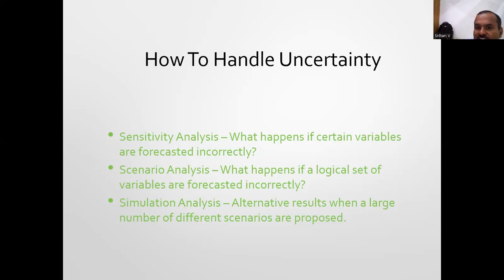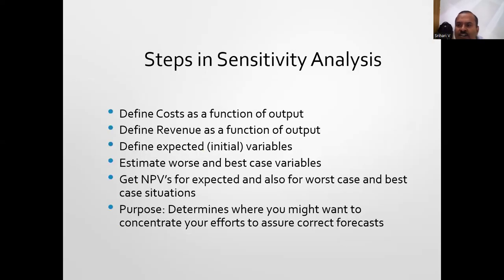If the project gives a positive outcome based on the simulation model, the project will be selected. If it gives a negative outcome, the project will be rejected. This is called simulation. Then we have the steps in sensitivity analysis.